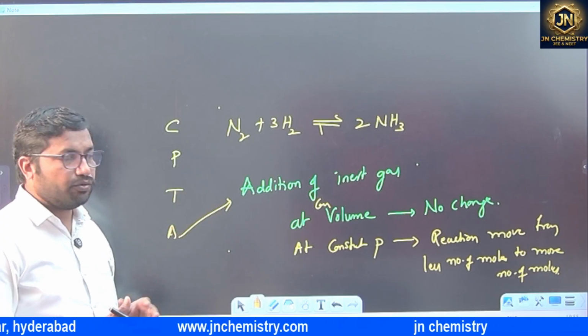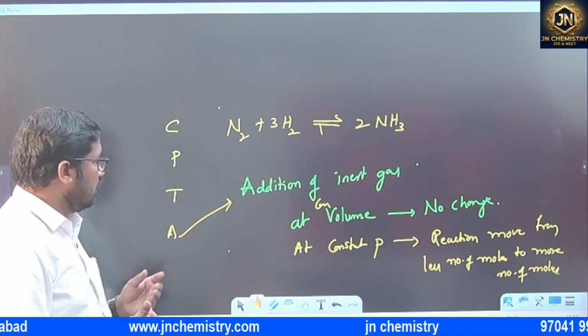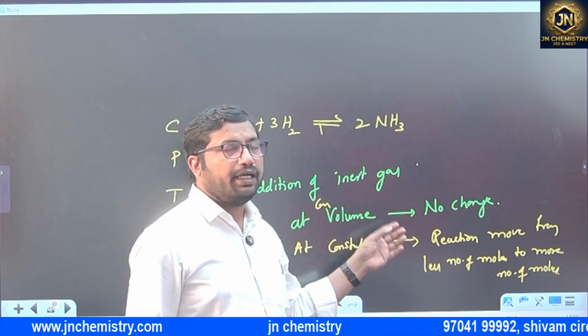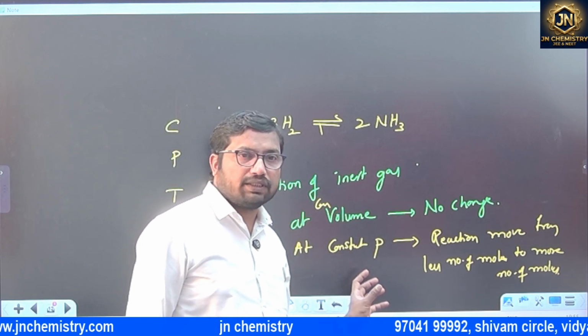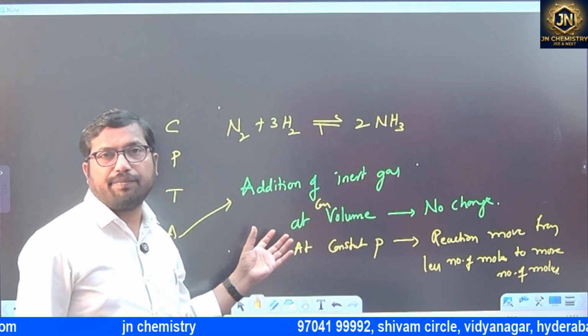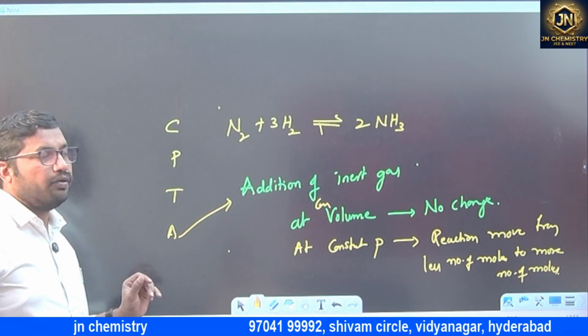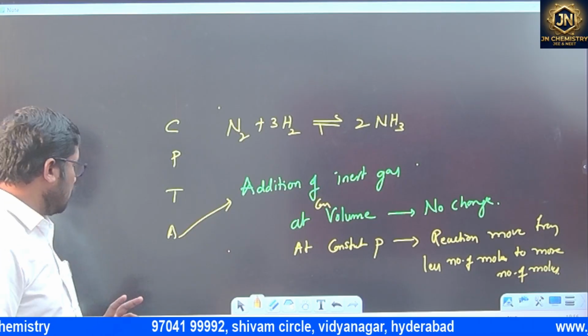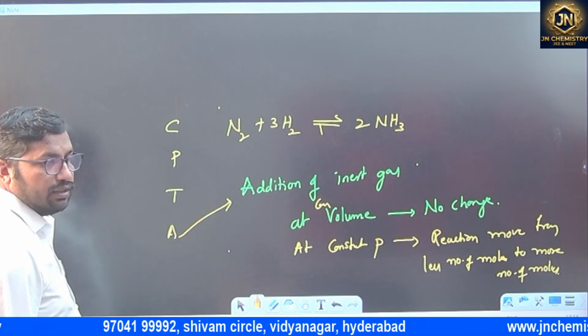Delta H is negative means, based on that, I already explained. Addition of inert gas at constant volume, no change. Addition of inert gas at constant pressure, reactions move from less number of moles to more number of moles. Okay, got it? 4 points. So now we'll discuss once again in a PPT.